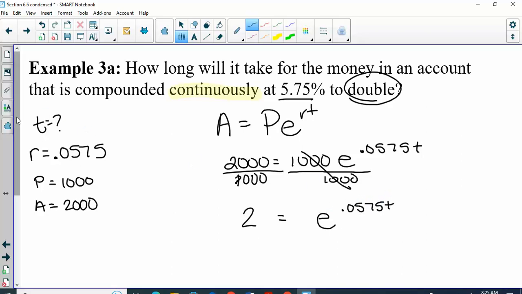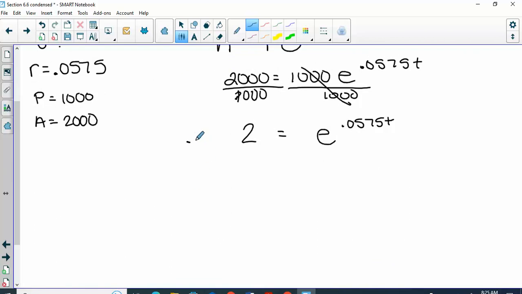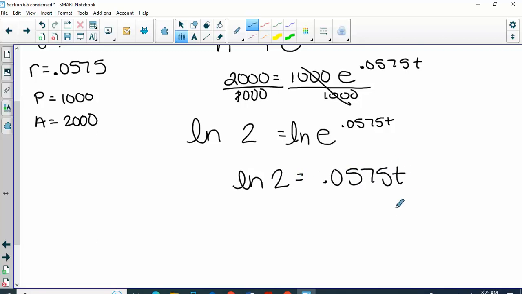So how do we solve this? Natural log on each side. And we use the natural log because the natural log of e is just 1, so that goes away. So then we divide. That's a kind of a large number.